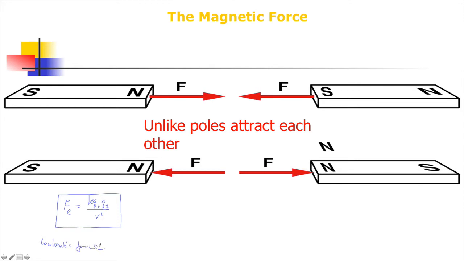Okay, this same Coulomb, the scientist, also observed a similar kind of force between magnets as well. This is the electrostatic Coulomb force, between two charges.